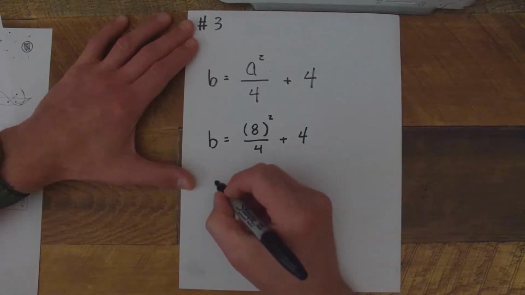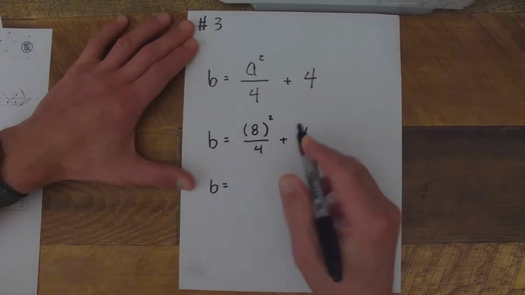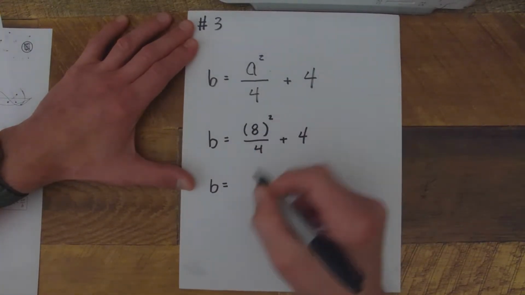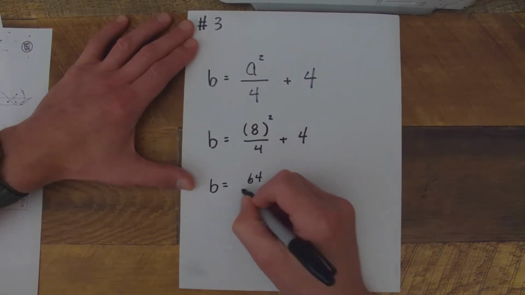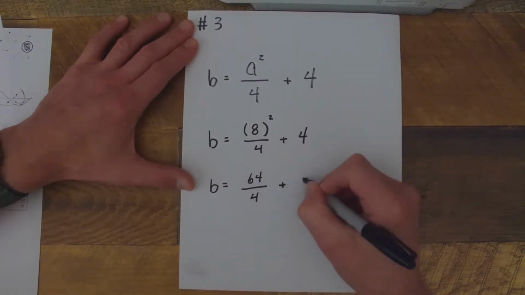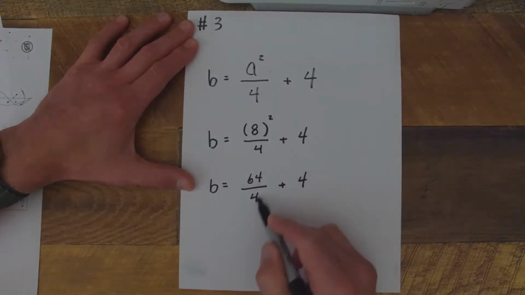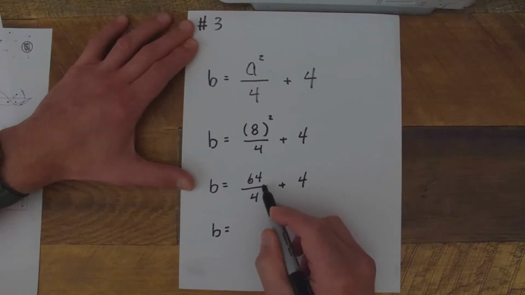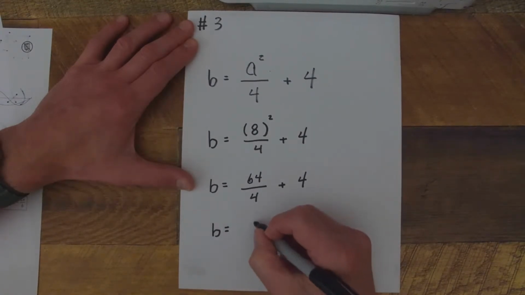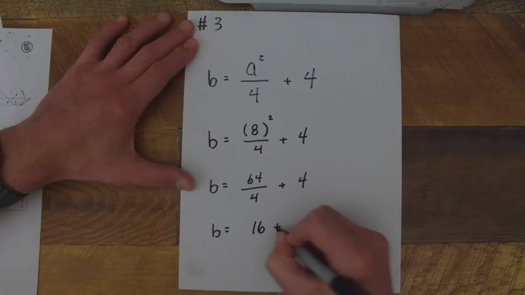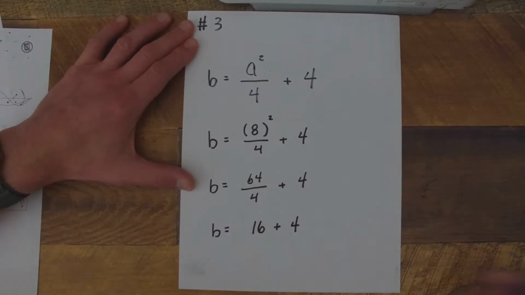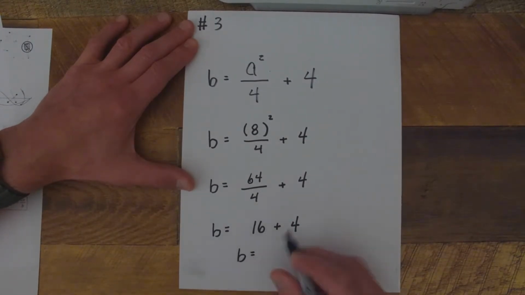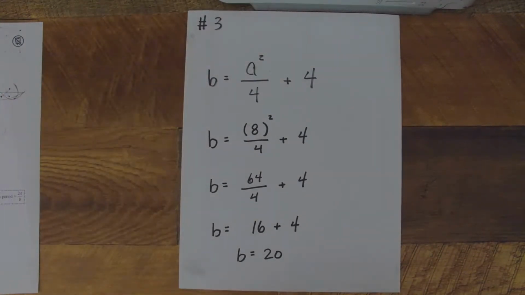And now we're going to begin simplifying. 8 squared is 64. Now we can divide here. 64 divided by 4 is 16. 16 plus 4 is 20. Now we know what b is. It's 20.